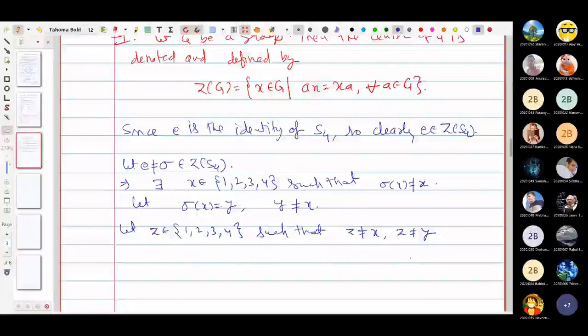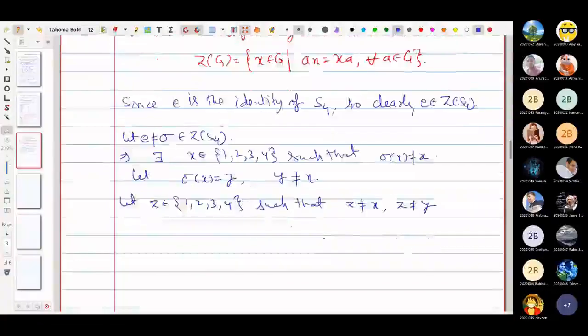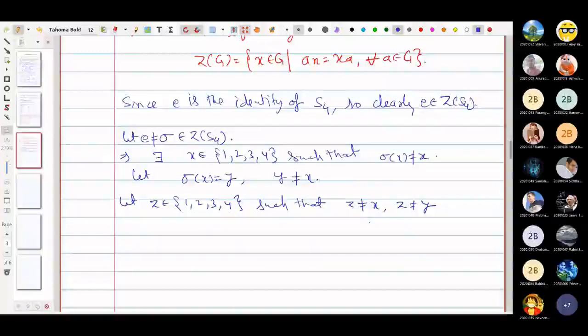So we are considering another element which is different from x and y, and we take a permutation tau of y and z, these two elements. It contains y and z.